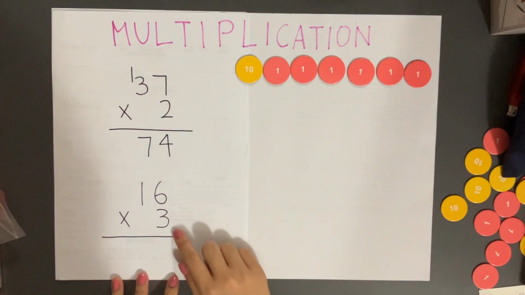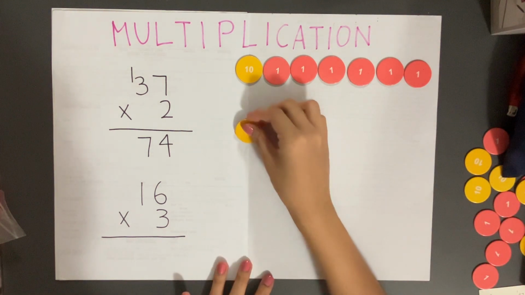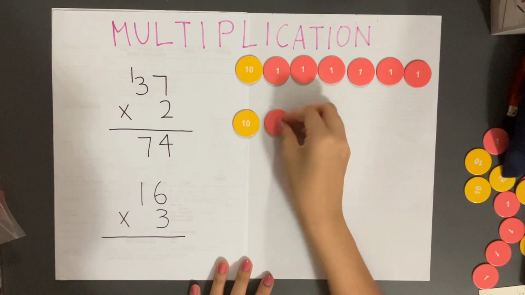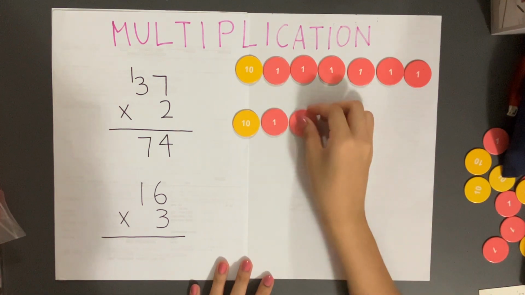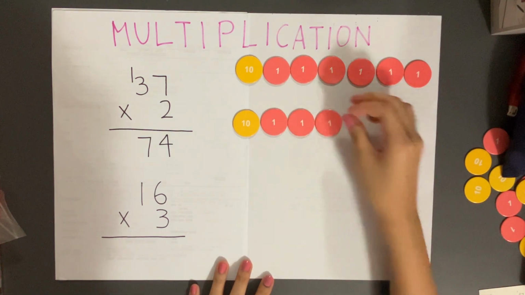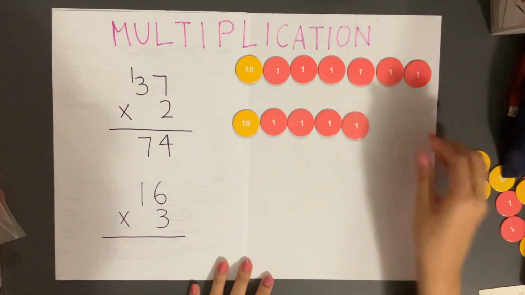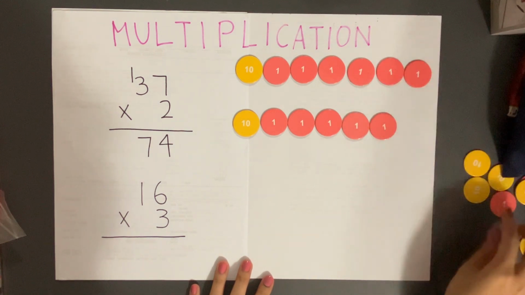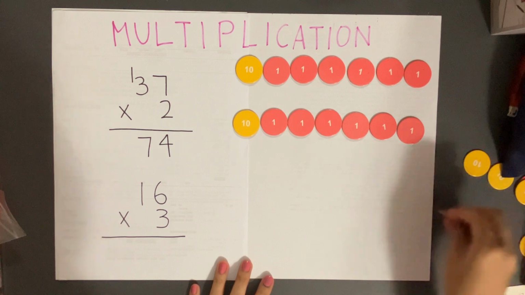Now I want to multiply by 3, which means I need 3 groups of this. So I'll put another one. And then I need one more group.